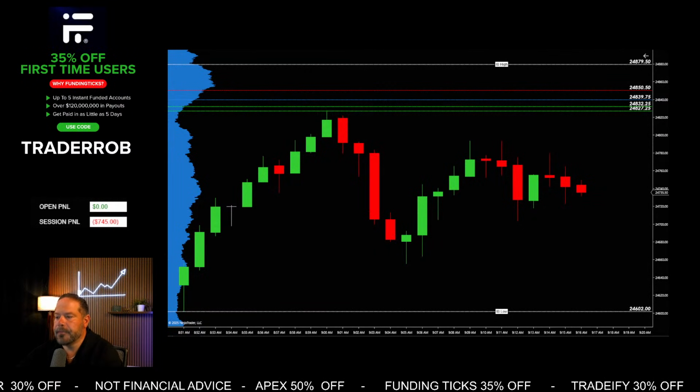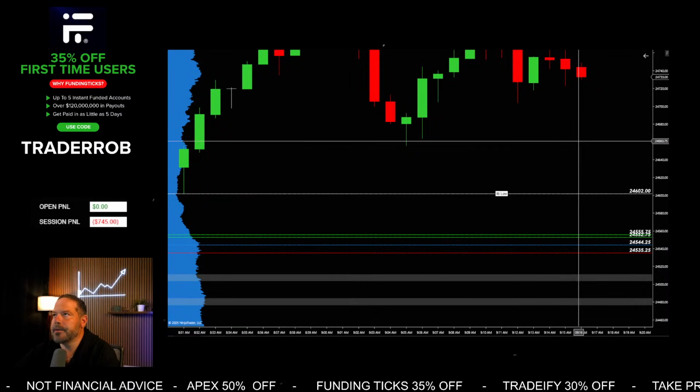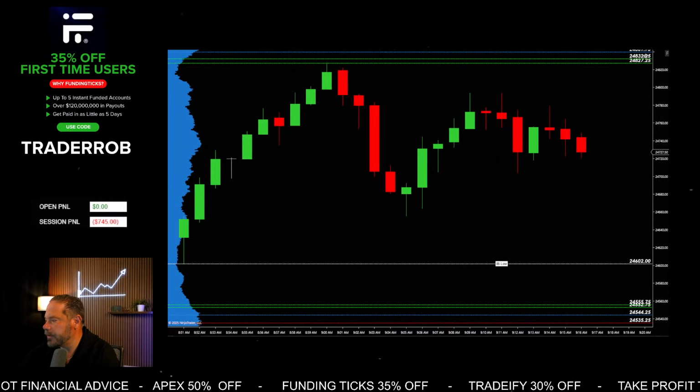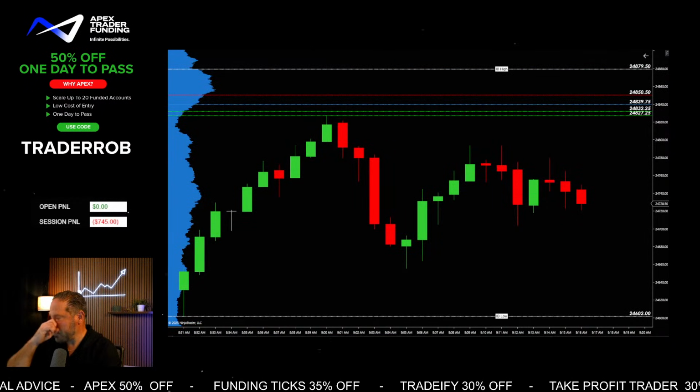Very cool. I was able to put in this setup right here. So now we've got both of these setups in play, or at least loaded into the automated strategy.